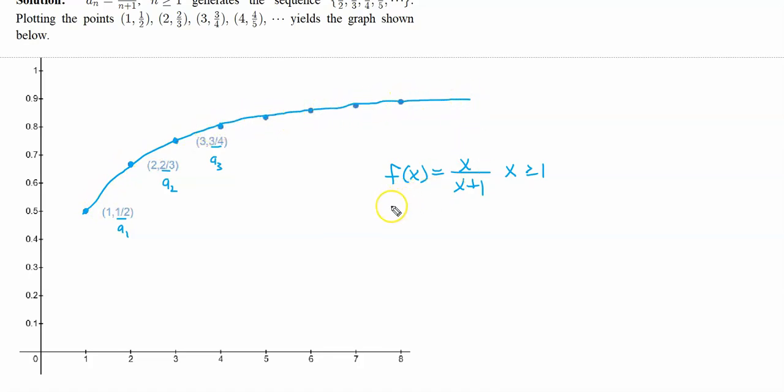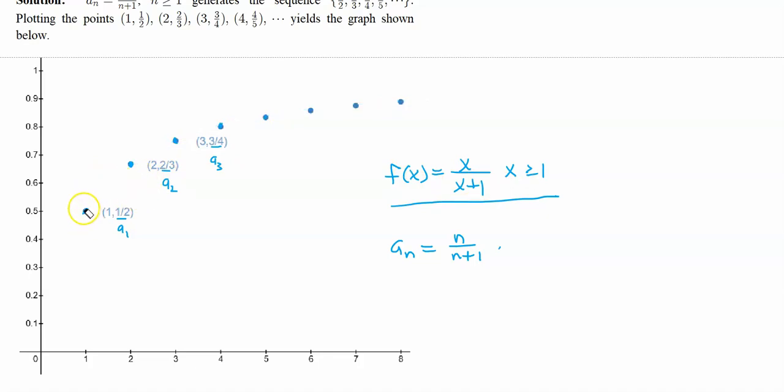That's the graph of the function, this continuous line, whereas the graph of the sequence a sub n is merely the points that lie on this continuous graph. So if we get rid of that continuous graph, those points together constitute the graph of a sub n. So that's how we graph a sequence.